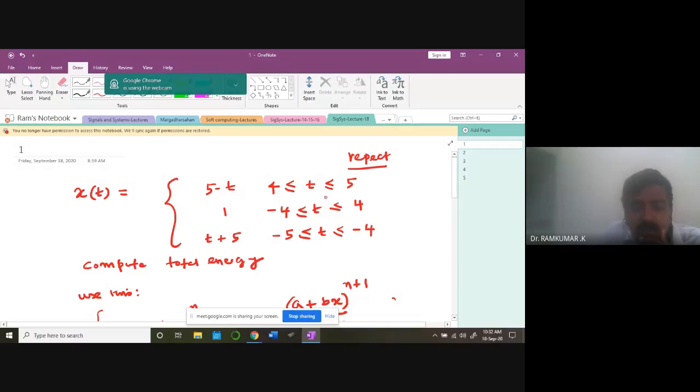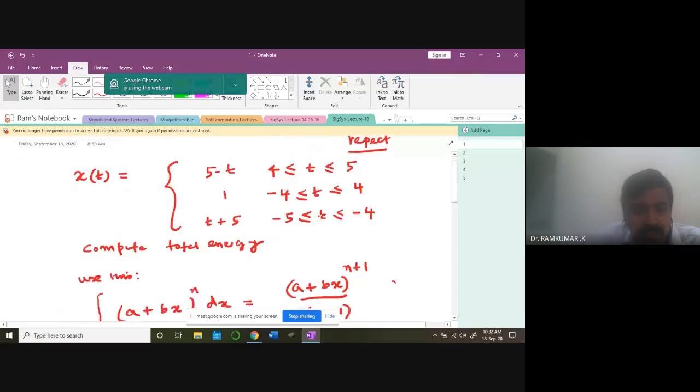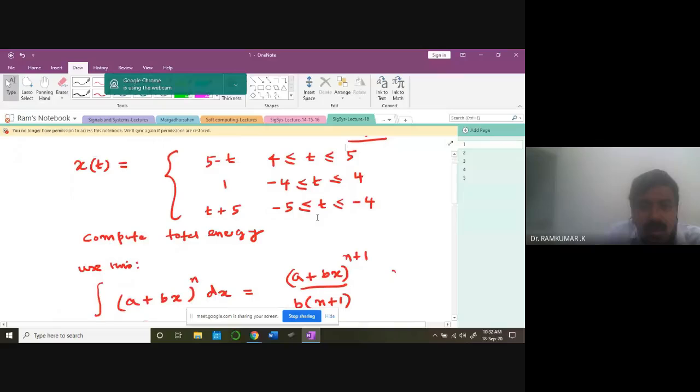This is the first problem we are going to discuss in the tutorial session. No problem, you can join. I am expecting you to compute the total energy for this particular signal. Look at this signal carefully: 5 minus t between 4 and 5, then the value is equal to 1 in the middle range, and then t plus 5 from minus 5 to minus 4.